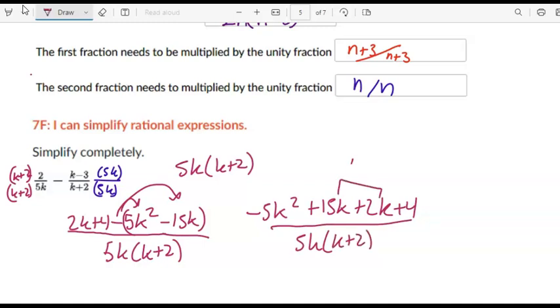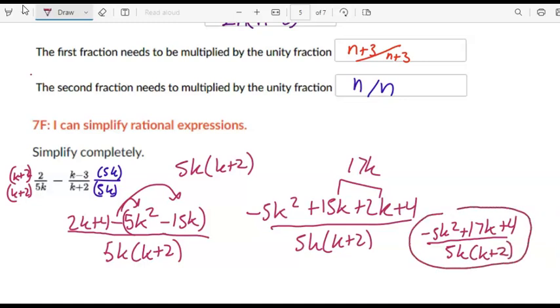We can add these two together to get 17k. And so then we have our answer here. Negative 5k squared plus 17k plus 4 all over 5k parentheses k plus 2.